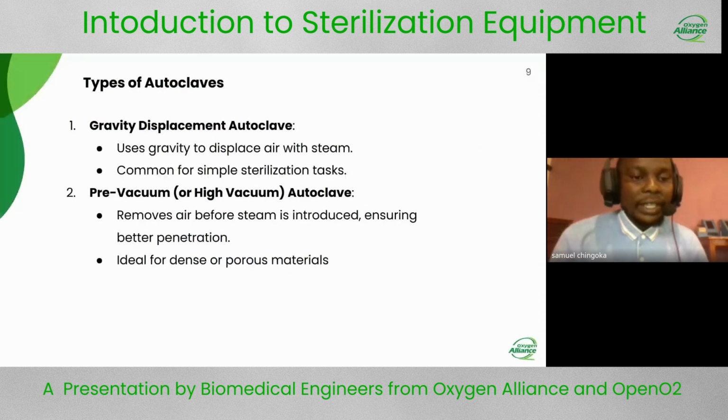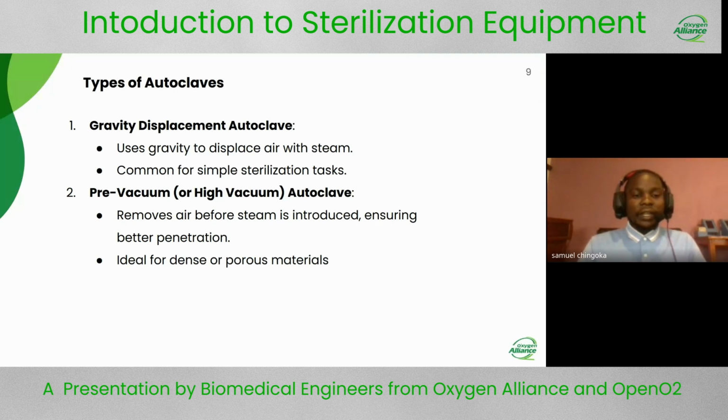Let us come to the types of autoclaves. We have different types of autoclaves depending on how we categorize them, but this one is based on how they function. We have the gravity displacement autoclave and the pre-vacuum autoclave. Under gravity displacement, we use gravity to displace air with steam.